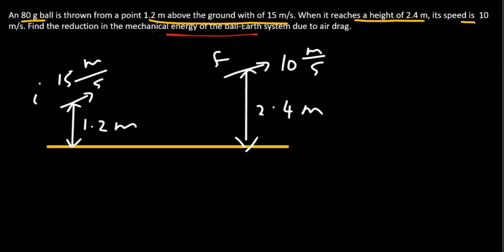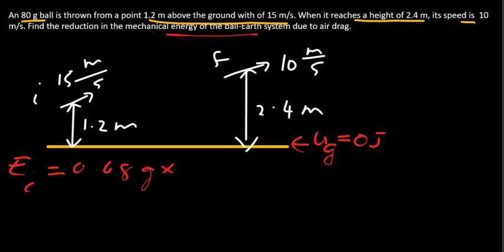So let's determine the mechanical energy at the initial location. So the potential energy can be taken to be 0 there. So over there, the mass is 80 grams, so 0.08 kg, times gravitational acceleration times 1.2, plus the kinetic energy, which is half times the mass 0.08 kg, and the speed is 15, so 15 squared.